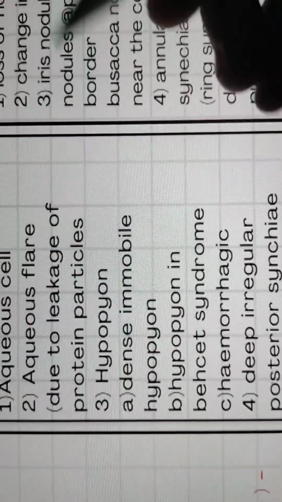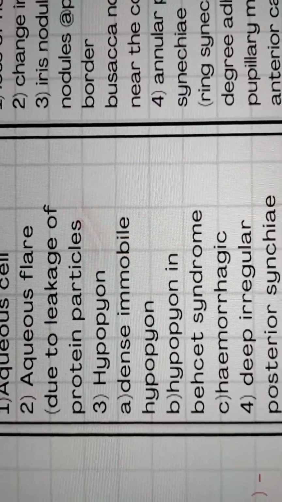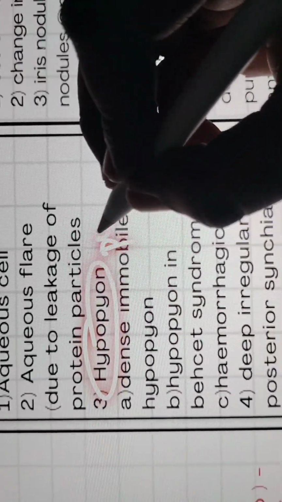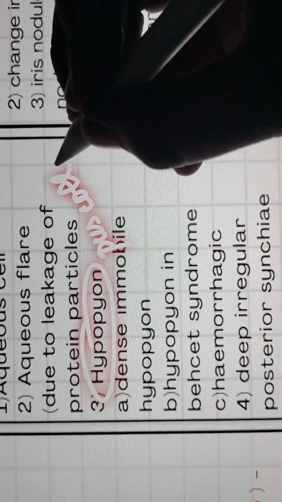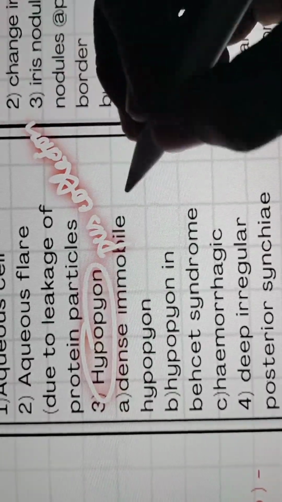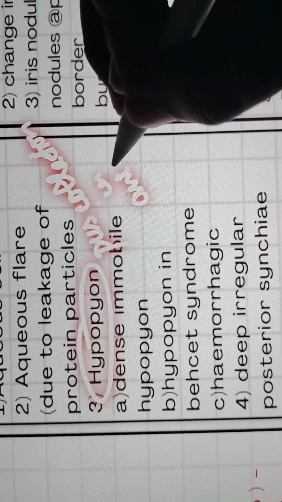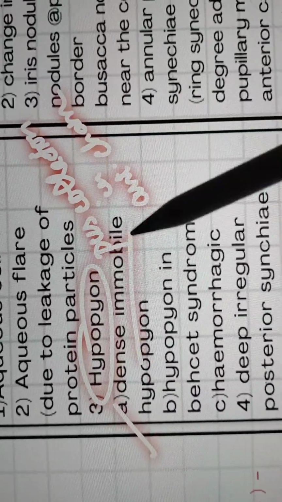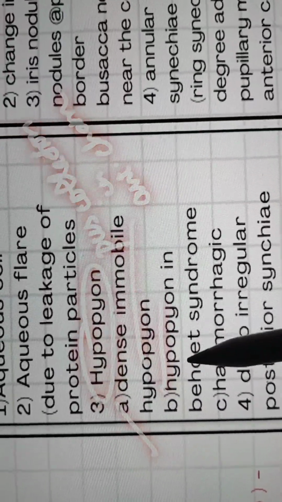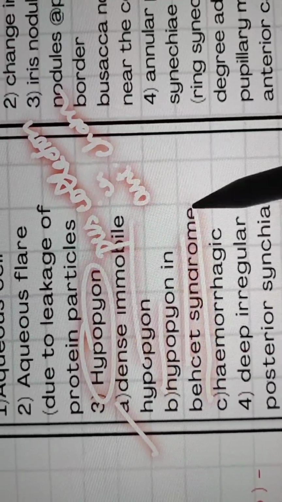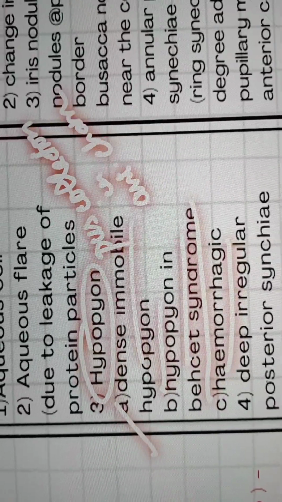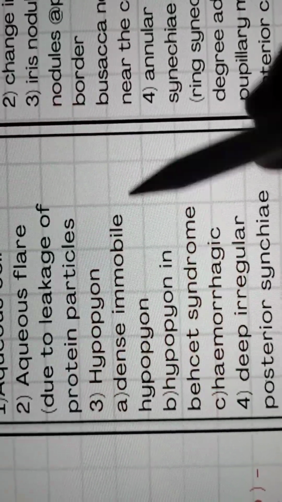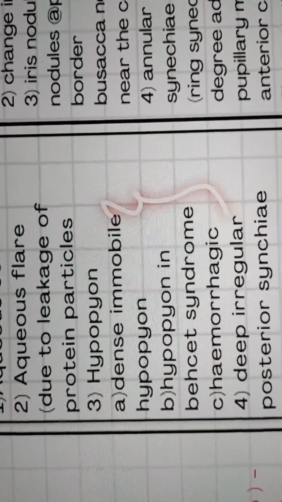Next we will be moving on to the hypopyon. We have 3 types of hypopyon. So what is hypopyon? This is the pus collection in the anterior chamber. Now we have type 1, dense immobile hypopyon, hypopyon in Behçet syndrome, and hemorrhagic hypopyon, and these are the 3 types.